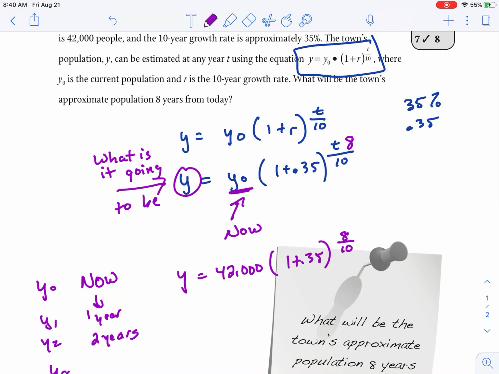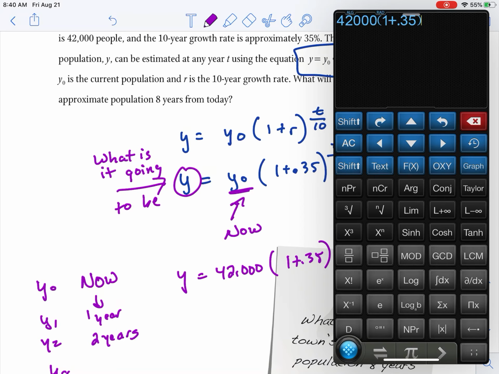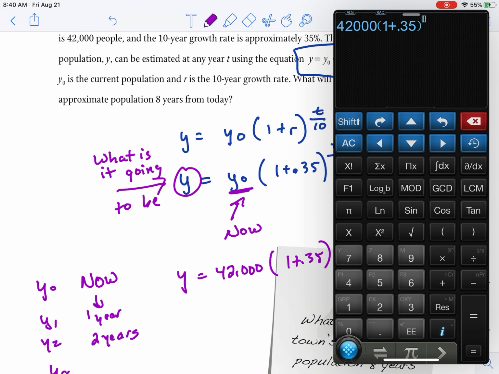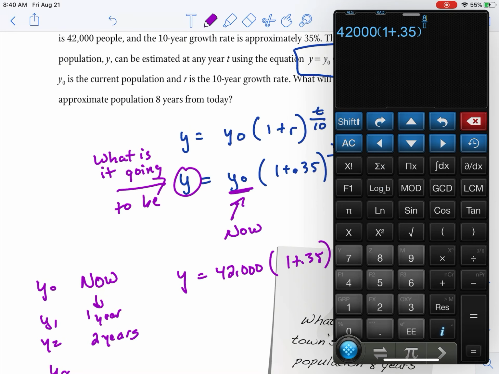And then you just type that in your calculator. 42,000 parentheses, 1 plus 0.35, close the parenthesis, raise it to the, now I'm going to use a fraction, that's why I like this calculator, 8 over 10.